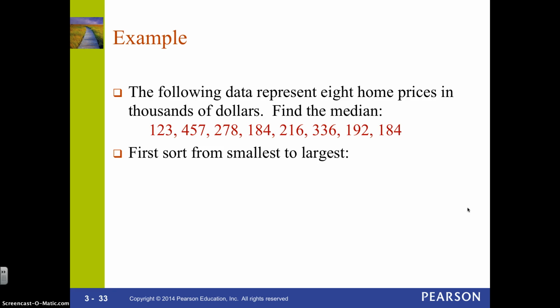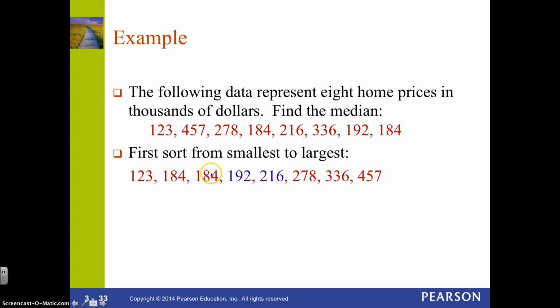Here's some data that represents 8 home prices in thousands of dollars, and we want to find the median. The first thing we do is sort the data from smallest to largest. That's this line, and since there are 8 of them, I'll have to take the average of the 2 middle ones. Again, 8 plus 1 is 9, divided by 2 gives 4.5.